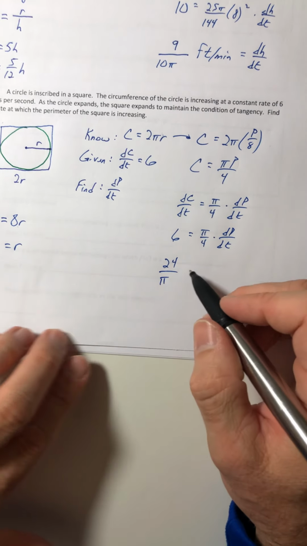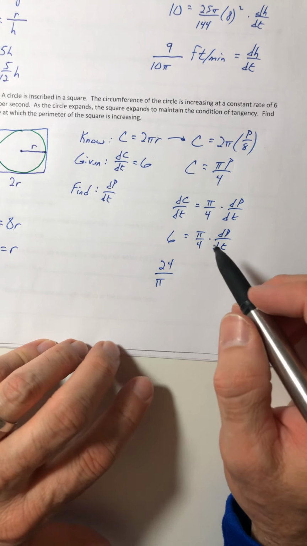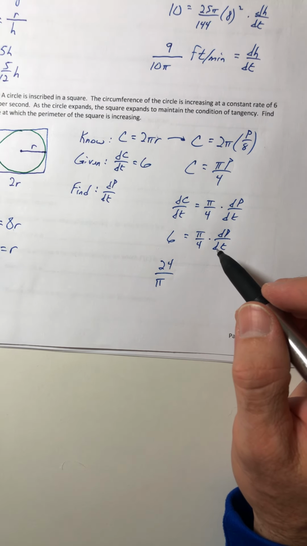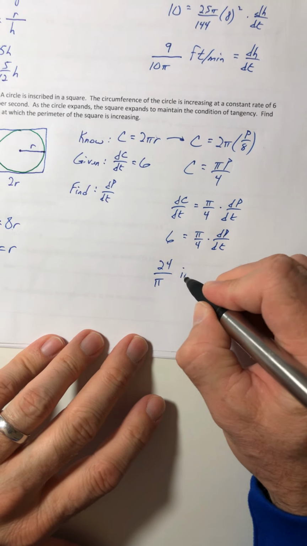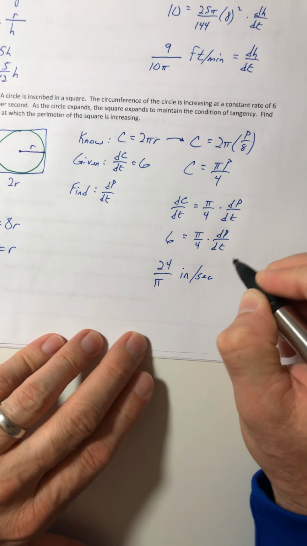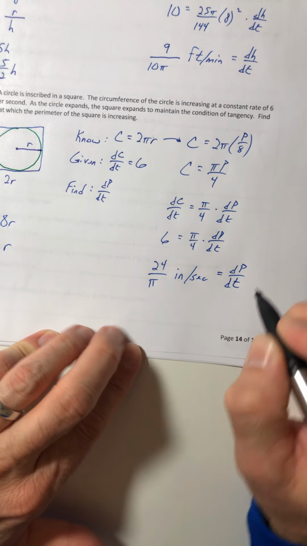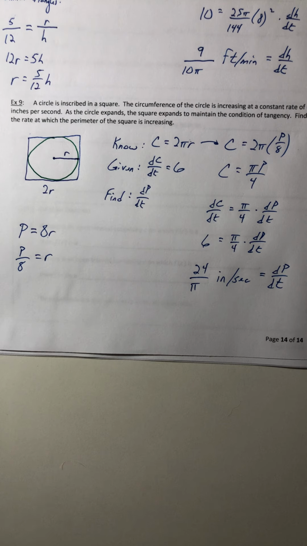And we get 24 over pi. And the perimeter, it's still a length, so its units are going to be inches per second. dp dt. Okay, so that is going to do it for section 3.7 as well as the chapter.